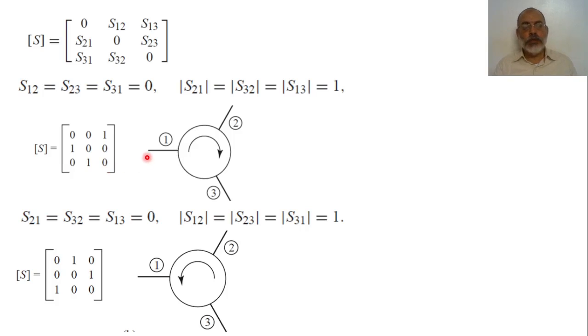If we look at this three-port network, we can say that if the excitation is coming from port 1, the output will be obtained at port 2. So the power going from port 1 goes to port 2. Now, if the input power is from port 2, the output will be at port 3.